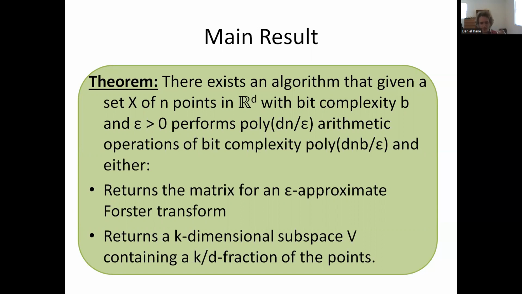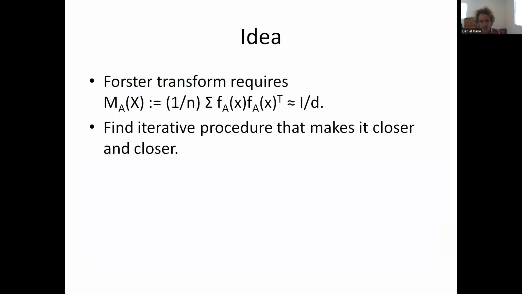And it either returns a matrix that gives you an epsilon-approximate Forster transform for these points, or it returns a k-dimensional subspace V that contains at least a k over d fraction of these points. So either it comes up with an approximate Forster transform, or it gives you a certificate that a Forster transform probably doesn't exist. Okay, so that's the main theorem.